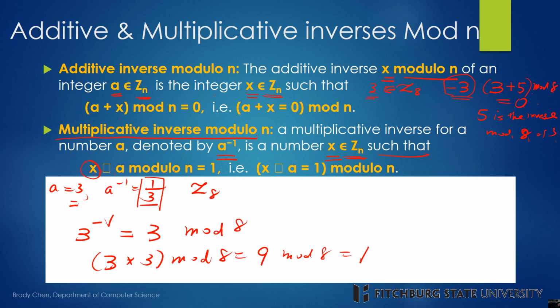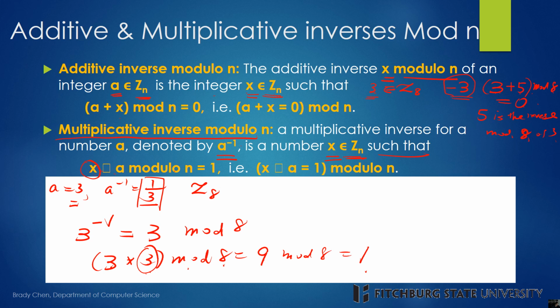So 3 times 3 mod 8 is 1, which means 3 is the inverse of 3 mod 8. You will also realize that not every element in Z8 has a multiplicative inverse. If you check the table, we will find that many of the numbers in Z8 have no multiplicative inverse.